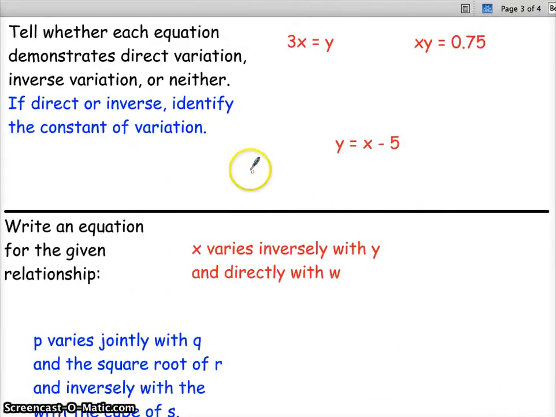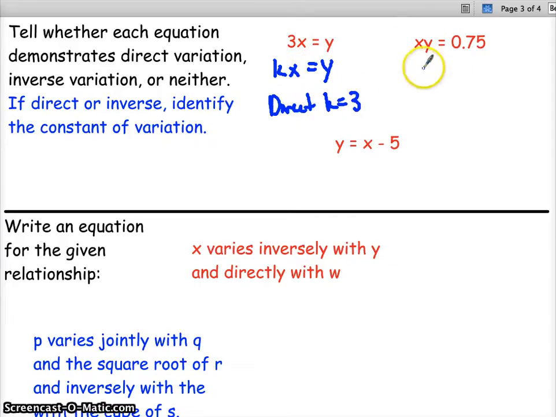A couple of things the book's going to have you do, or what many books will have you do, is identify whether or not equations are direct or inverse. The big idea is whether or not you can compare them to those basic equations. Notice here you have basically just a number times x, which makes this a direct equation. And if I wanted to identify k, well, it's 3 times x, k is 3.